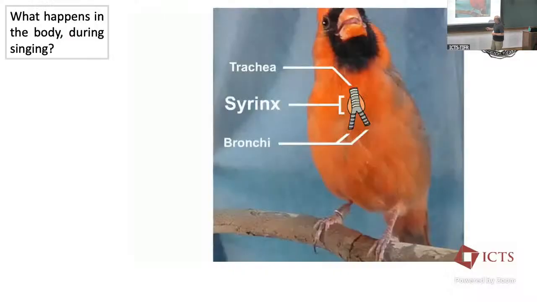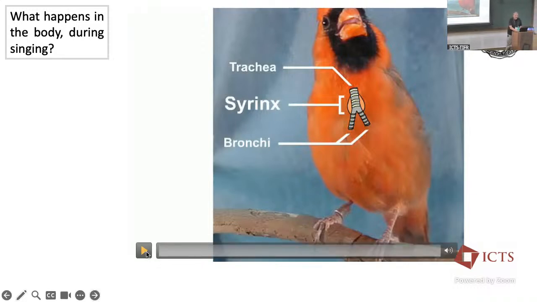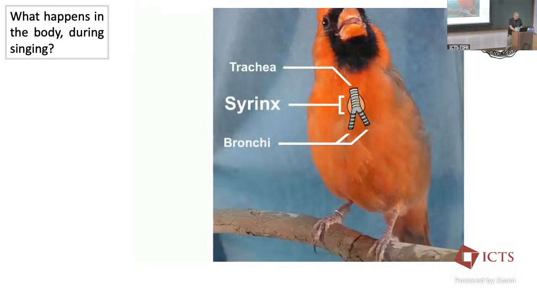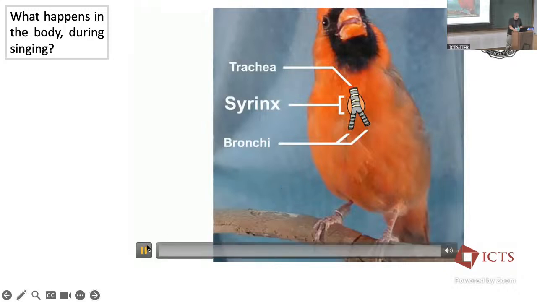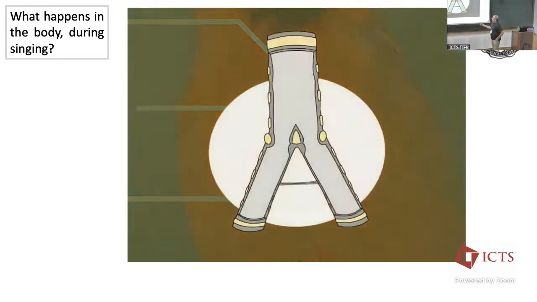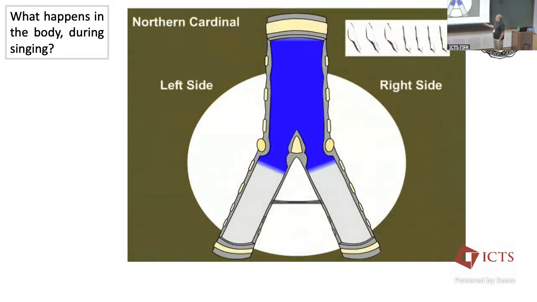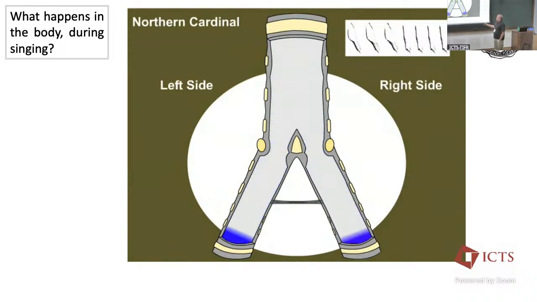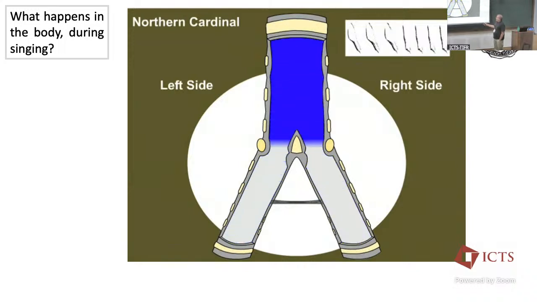The subject I've been working on for 25 years can be summarized in about 10 seconds in this movie, which displays the vocal organ that, in the case of oscine birds, is a bipartite structure with two pairs of labia.